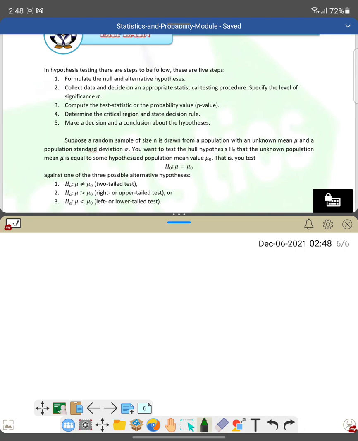Okay, the null hypothesis is that the population mean is equal to the hypothesized, or the already concluded population mean based on previous studies or whatever result was already done before.